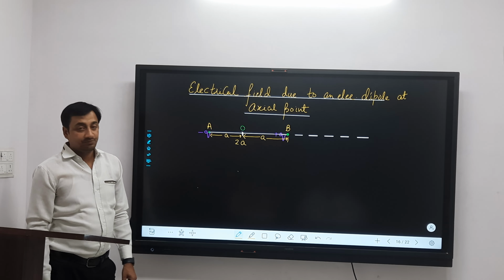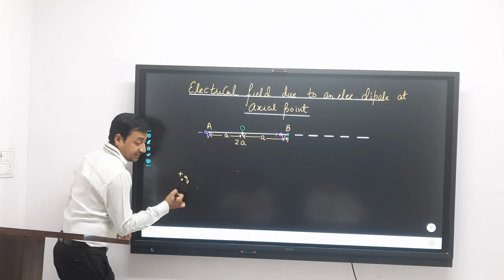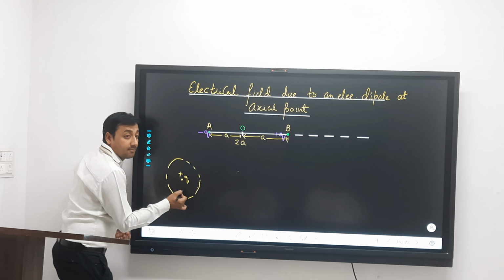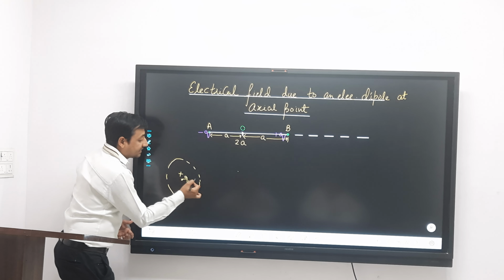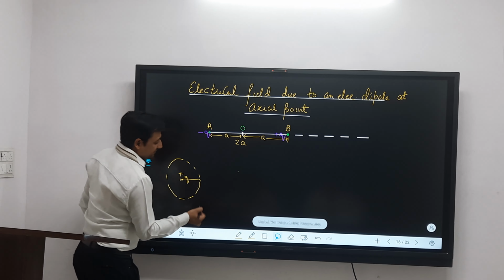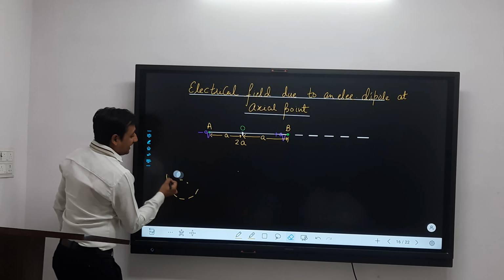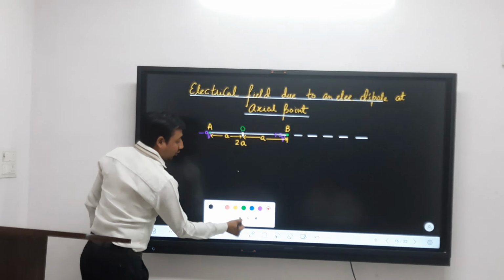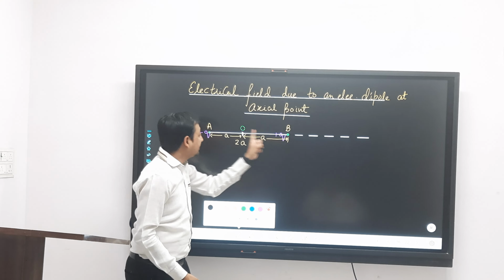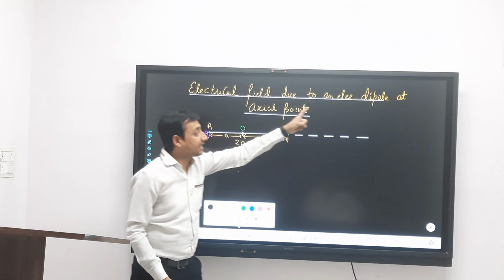As we know, if a single charge is placed, an electrical field is formed around it at some distance. In the same way, we need not calculate the electrical field of each charge individually. We have to calculate the electrical field due to both these charges, and the combination of these charges is called an electrical dipole.